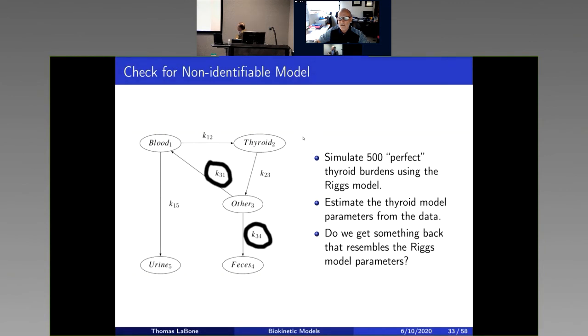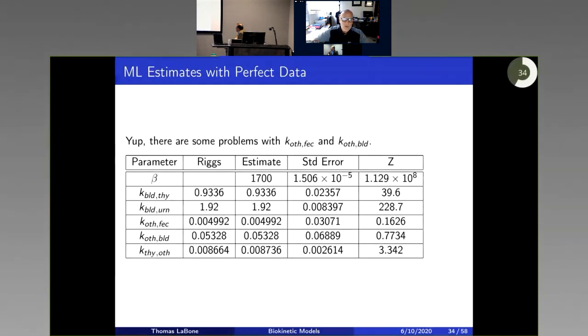And you can check for that. From the Riggs model, you simulate 500 perfect thyroid burdens over 90 days. Then you go back and use the Riggs model to fit it by maximum likelihood, and you ask the question, did I get something back that resembled the Riggs model parameters that I put into it?